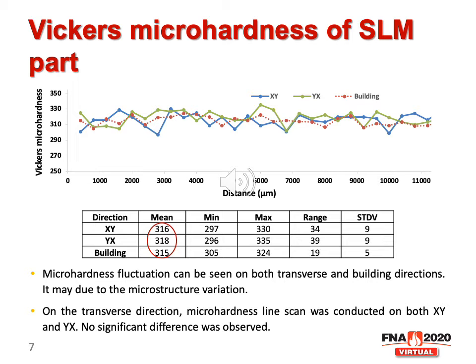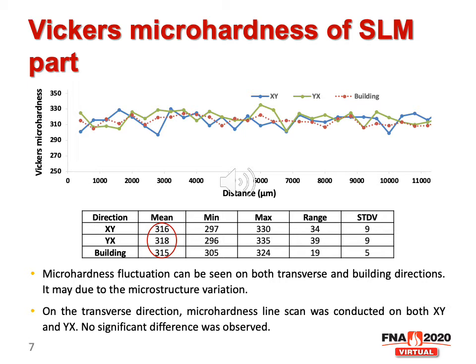You can see for these three different directions, the micro-hardness line scans are very close to each other. And the average Vickers micro-hardness for these three directions is almost the same. So there is no big difference in the micro-hardness. This part is very uniform.